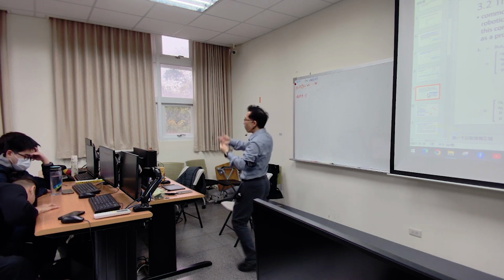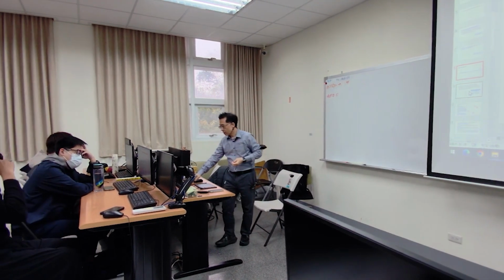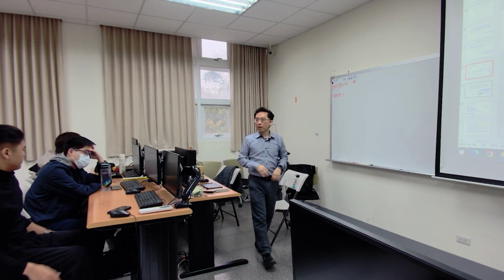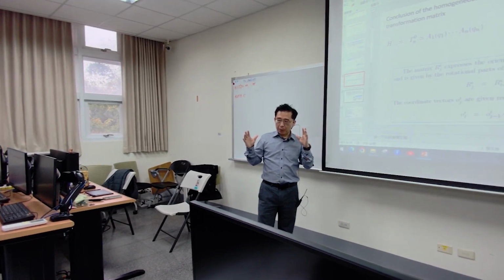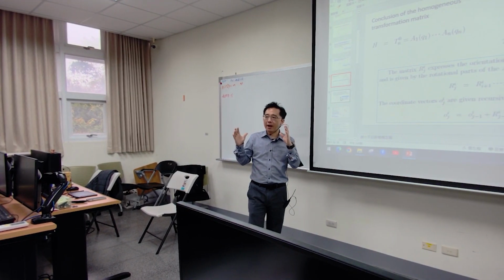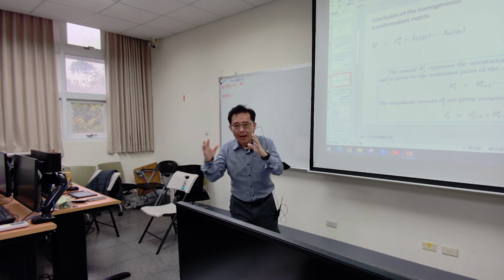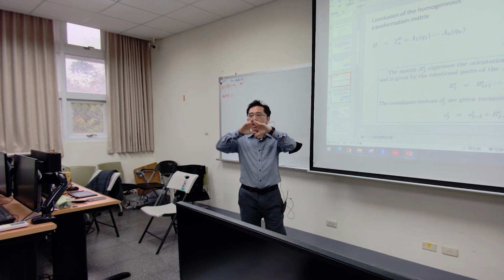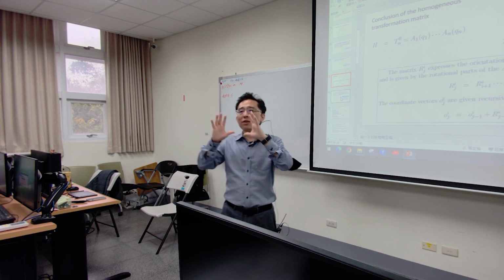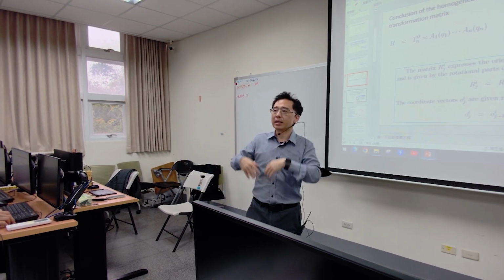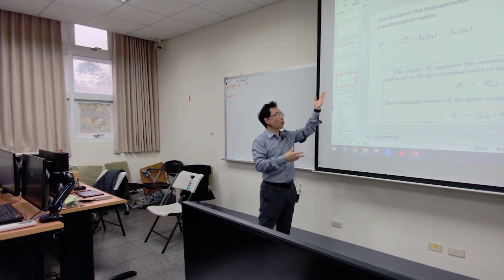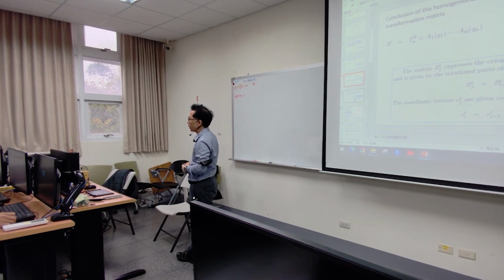So then we go back to the previous page. What does the T stand for? The T stands for the whole robot system. Because of how many A_i I have, A1, A2, A3, A4, until A6, when I multiply all the A matrices together, then the whole robotic transformation matrix T, or called T robot, appears.